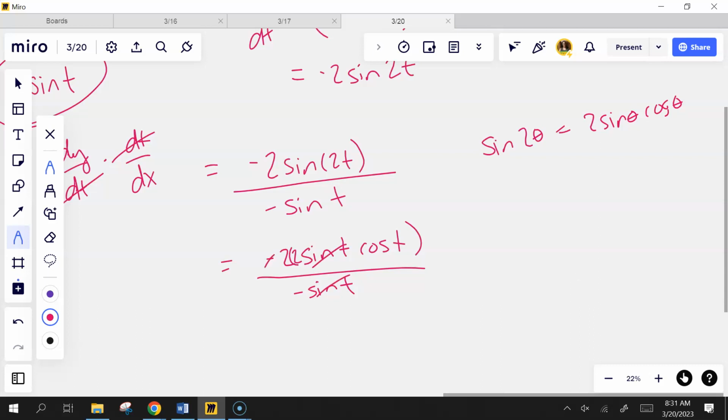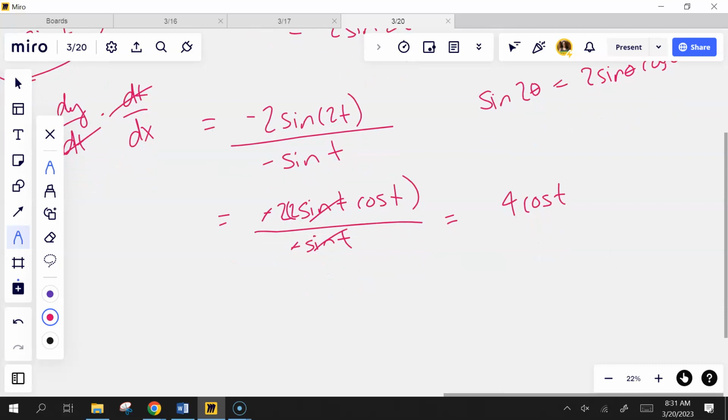All right, sine theta is negative, so I end up with 4 cosine t. I thought y'all said the answer was negative 4. So now if I do the second derivative here, how's it be?